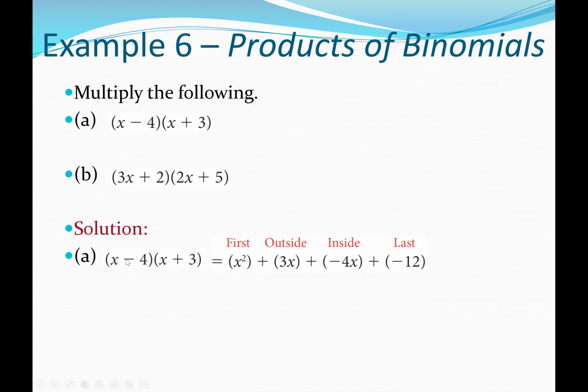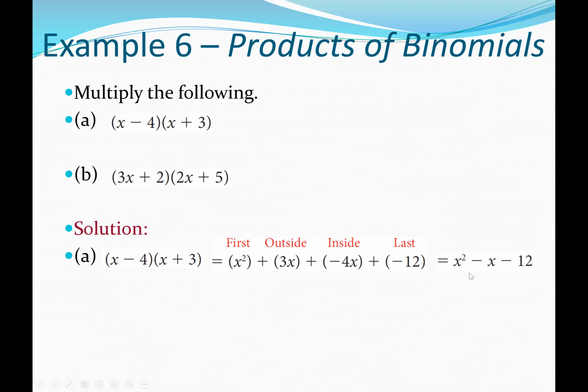Then the inside will be the first term minus 4 and the second term x, so minus 4x. Then the last, of course, will be minus 4 and 3, so minus 12. It's a method we call FOIL, but it doesn't matter which one you multiply first. As long as we multiply all the terms, we will get the same answer.